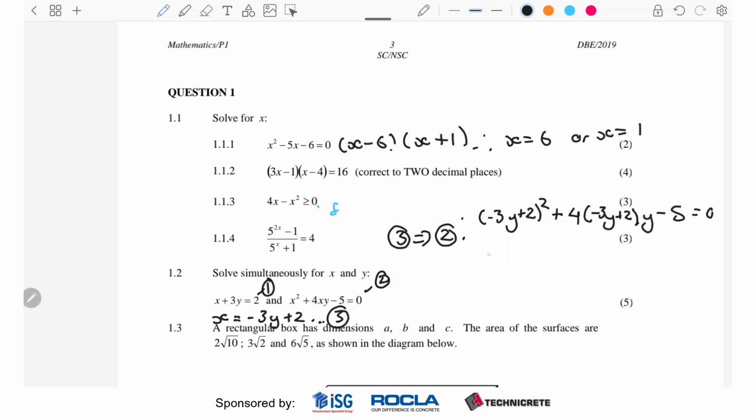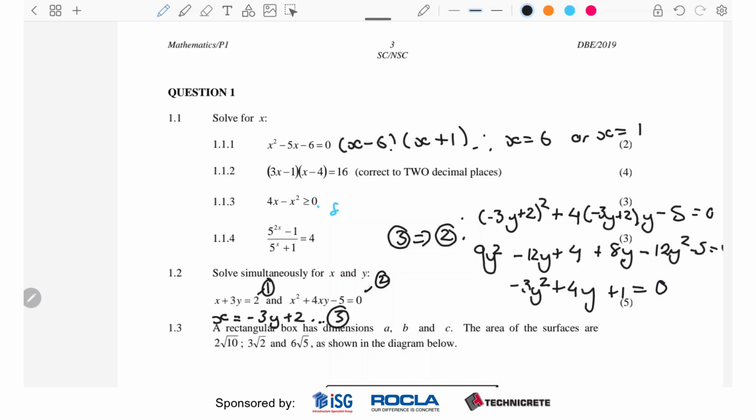So once I times all of that out, I'm going to get 9y squared minus 12y plus 4 plus 8y minus 12y squared minus 5 is equal to 0. And once I simplify that further, I'm going to get negative 3y squared plus 4y plus 1 is equal to 0.